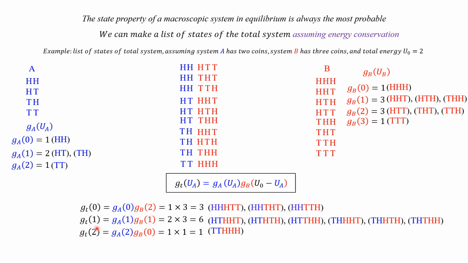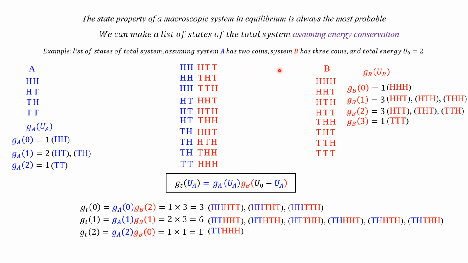Okay, so we have a most probable energy. The most probable energy is UA equal 1, 6 out of 10. But this probability is not overwhelming. It's only 6 out of 10, only 60%. This is not an overwhelming probability because our system is not macroscopic.